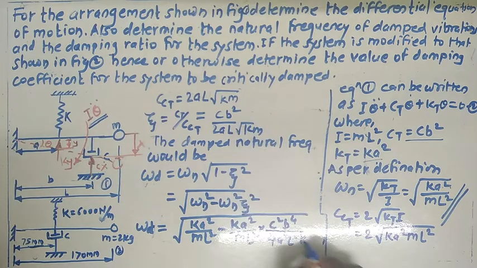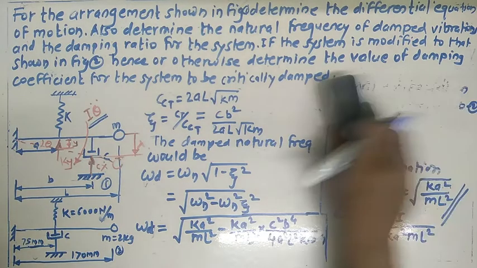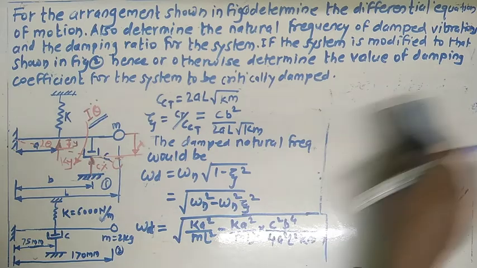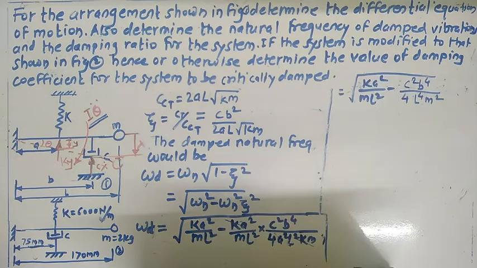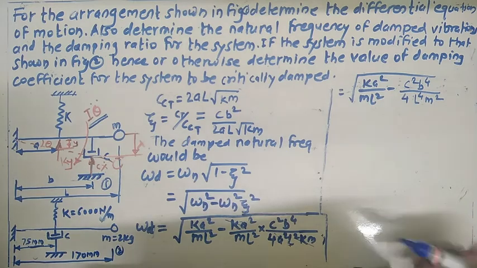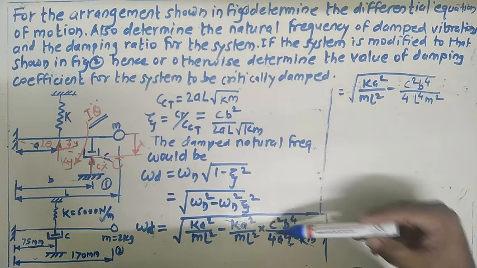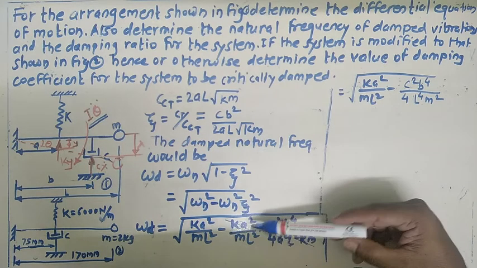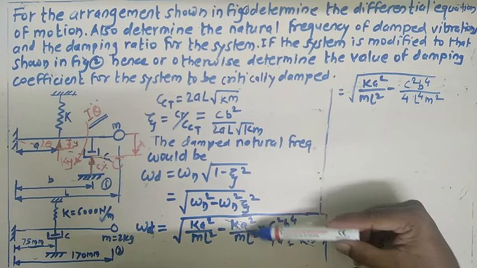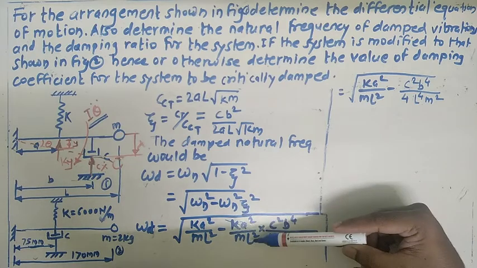In the next step, again simplify this term. Now from this term, if you look here, this is k square for omega n, and this is ml square. As it is in the denominator, the zeta value is already with us here.